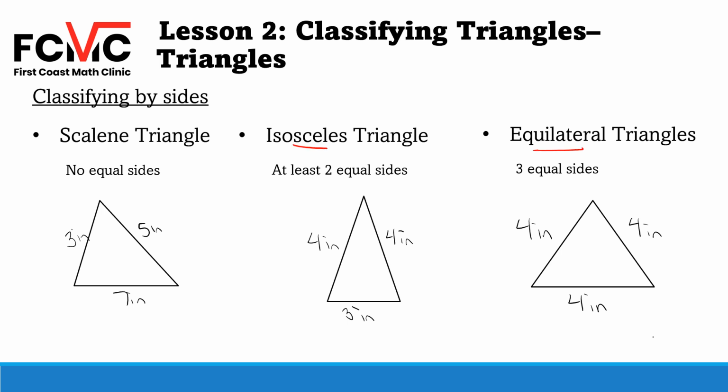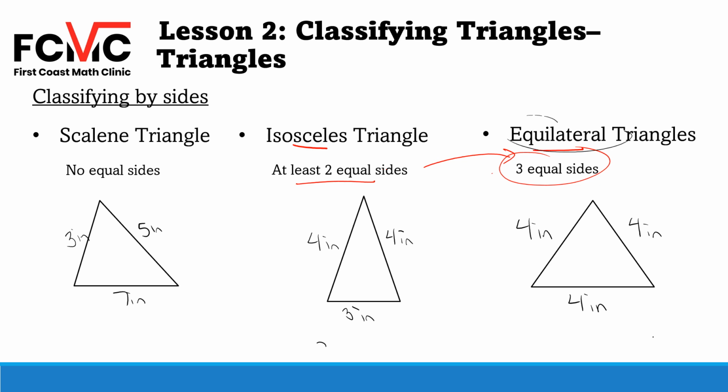Now our technical definition for an isosceles triangle is at least 2 sides are equal. And an equilateral triangle is 3 sides are equal. So if 3 sides are equal, then at least 2 sides have to be equal. So if our triangle is equilateral, then it has to be isosceles as well.